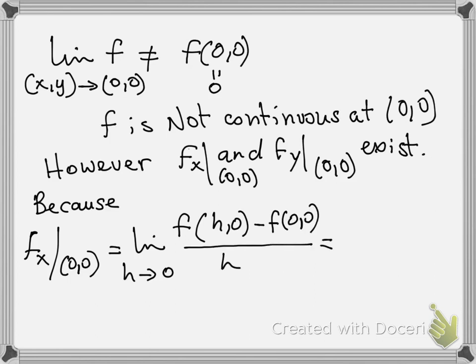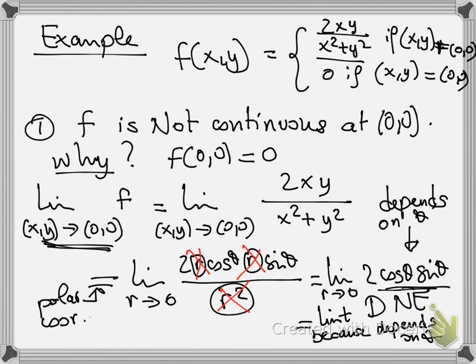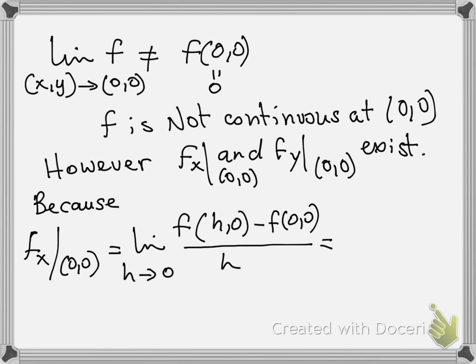So what's f of (h, 0)? Just replace x by h and y by 0. So that will be 2h times 0, that's 0, over h squared, so it's just 0. So this is 0 minus 0 over h, so that's 0.